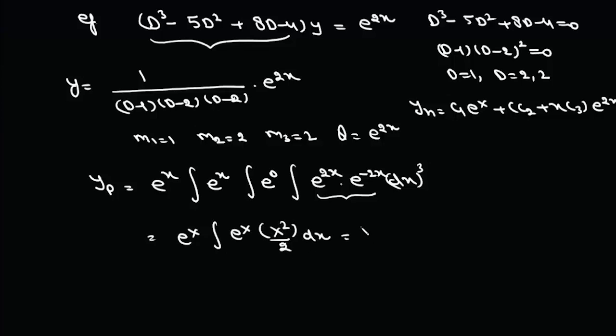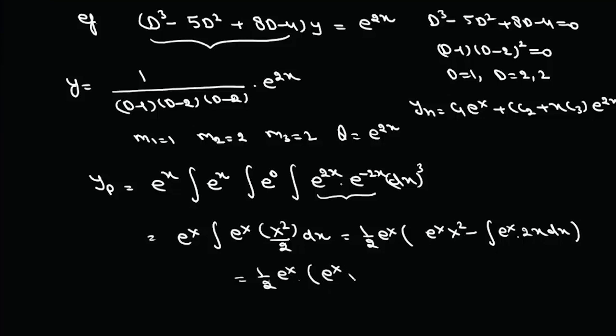Now we'll use by parts, so it will be 1 by 2 e to the power x, and then it will be e to the power x into x square minus integral of e to the power x into 2x dx. And there will be 1 by 2 e to the power x, e to the power x into x square minus e to the power x into 2x, and then minus minus plus 2 e to the power x.